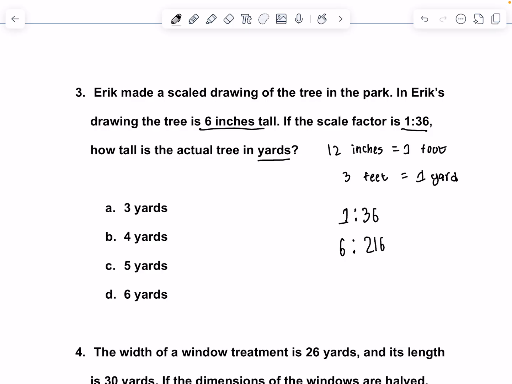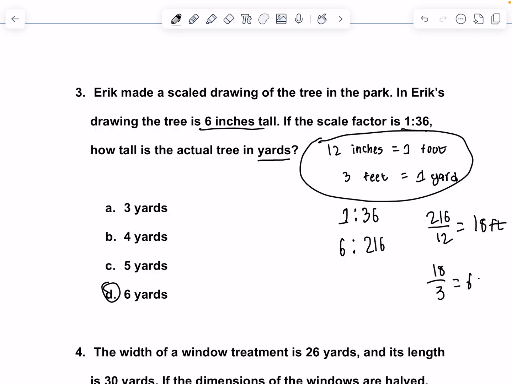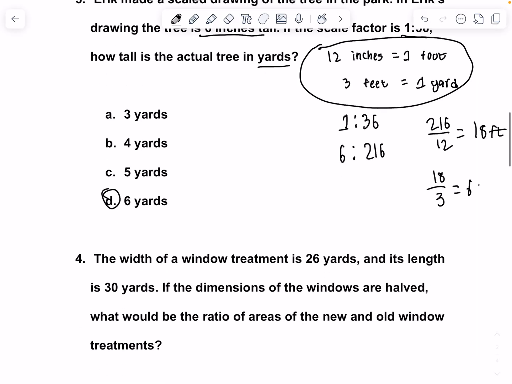Now we would do 216 inches divided by 12 to get the number of feet. So that would be 18 feet. And now we would convert the feet to yards. 18 divided by 3 is equal to 6 yards. So the answer would be D. Basically, we just have to know the proper conversions and use the scale factor.